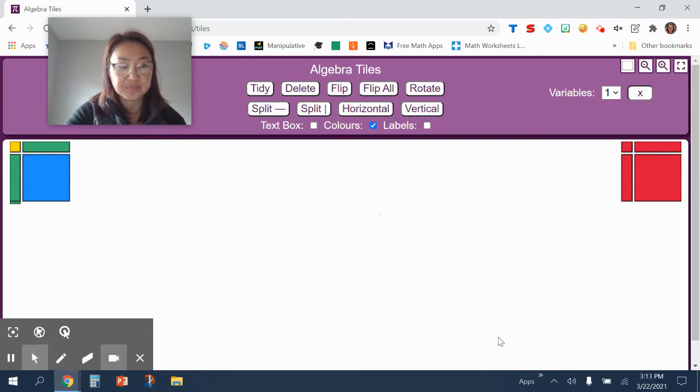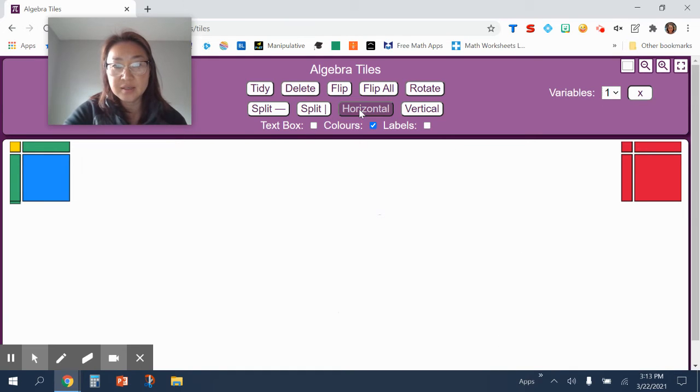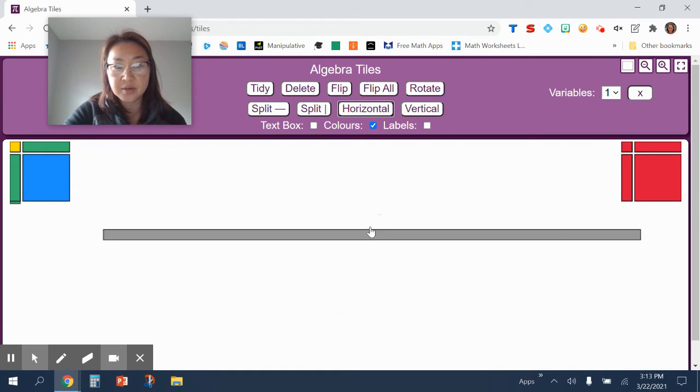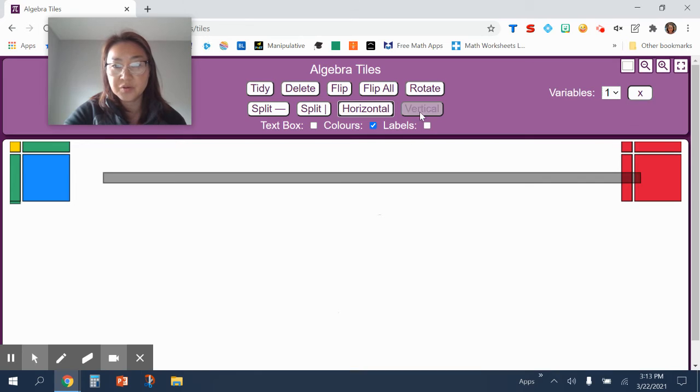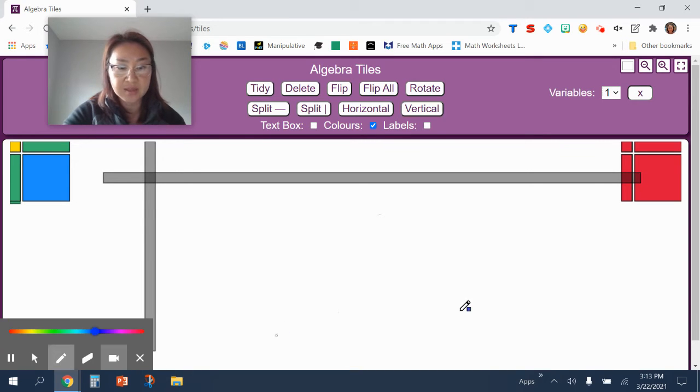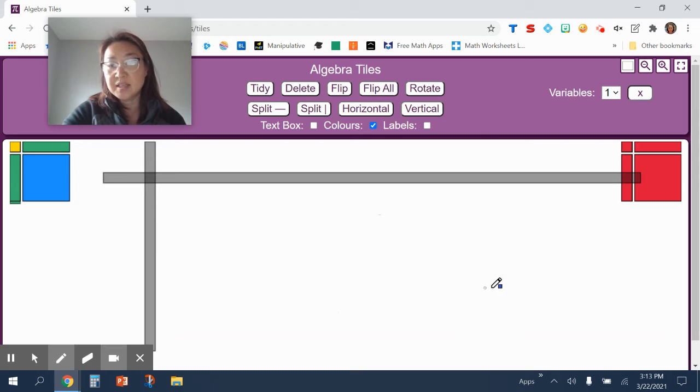All right. So I'm going to again set up my horizontal bar and the vertical bar to set up my multiplication chart. So this time, let's multiply negative 2x times 4x minus 1.